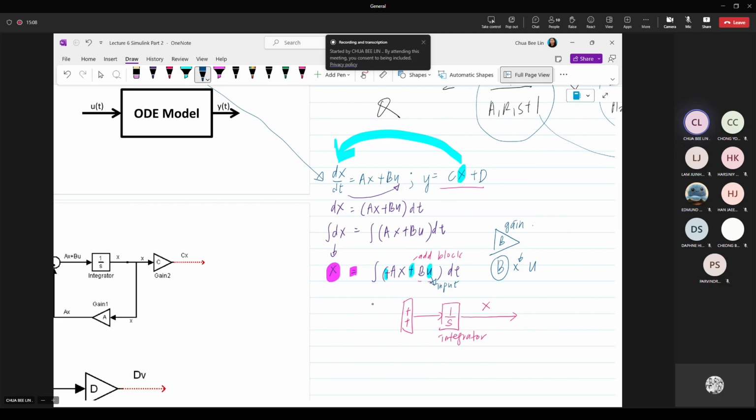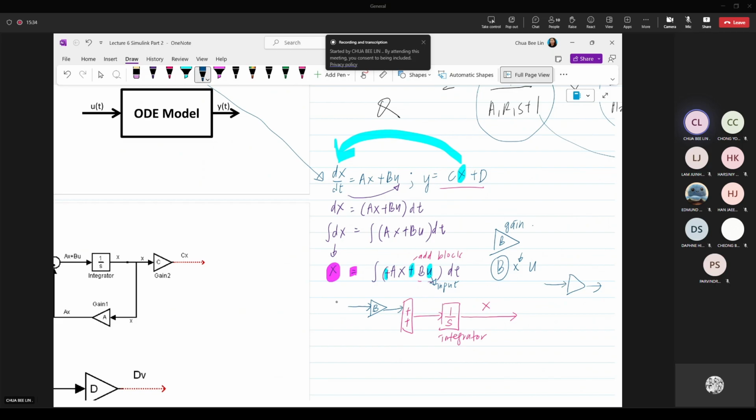So from here you can put your gain like this, and the b is the gain. If you check the gain over here, it will have an input and output. So you cannot put this gain at the first position. It must be in between, because you have the in and out of this gain block.